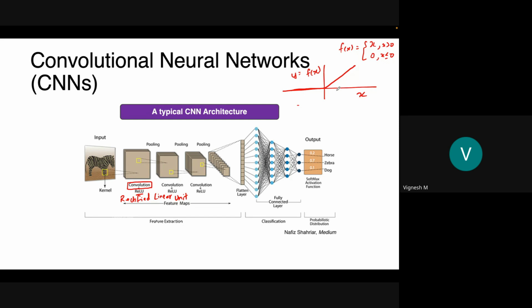We'll talk about why ReLU is used compared to other types of activation functions that we looked at before. But that's what is happening at each of the layers: there's convolution plus passing it through a nonlinear activation function, followed by an operation called pooling, where we are trying to reduce the dimensionality.